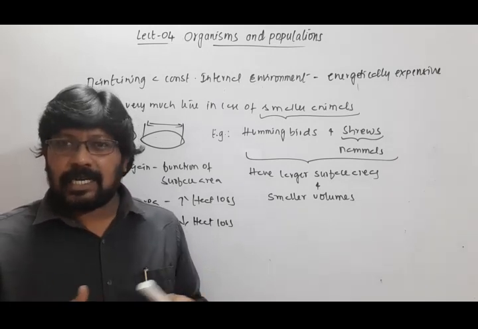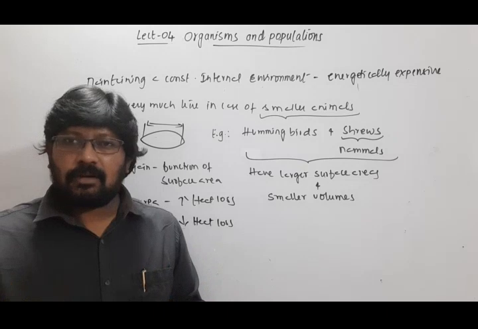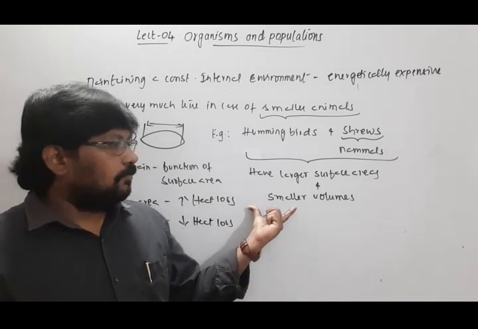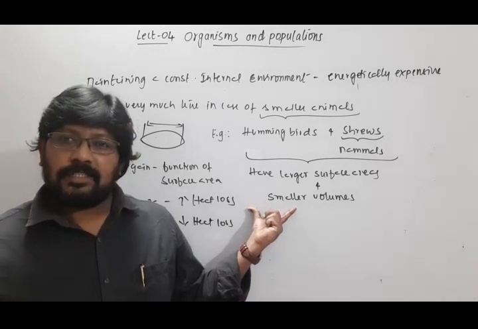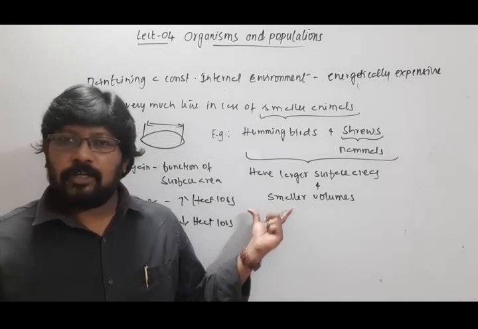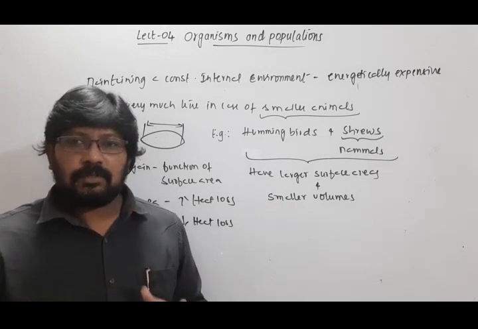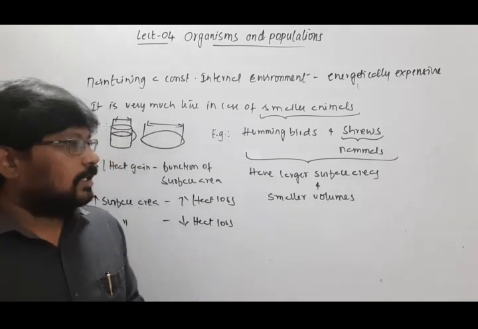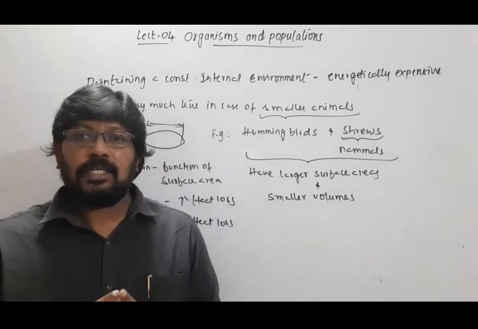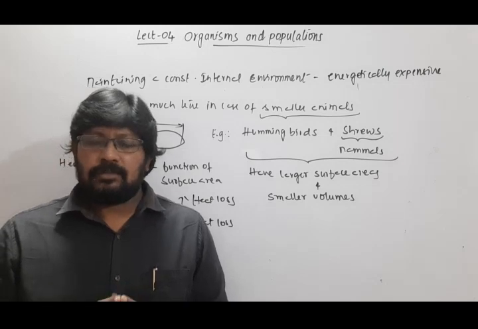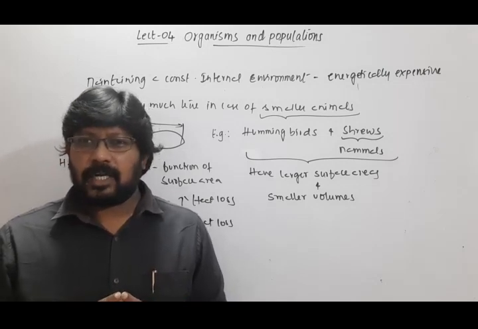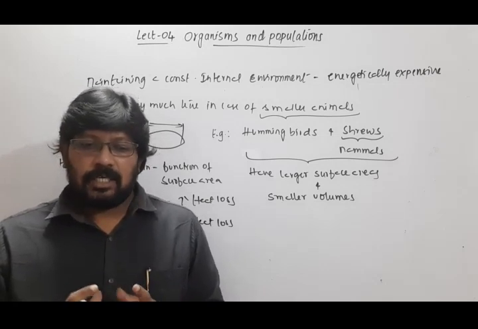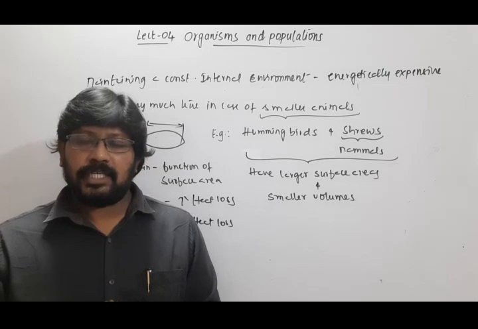If there is a large surface area, then heat loss is very high, but the volume is smaller. The heat generation depends on the volume. The bigger the volume, the more the heat generation, right? That's why animals that live in polar regions tend to be bigger in size, because the bigger they are, the more the heat generation.